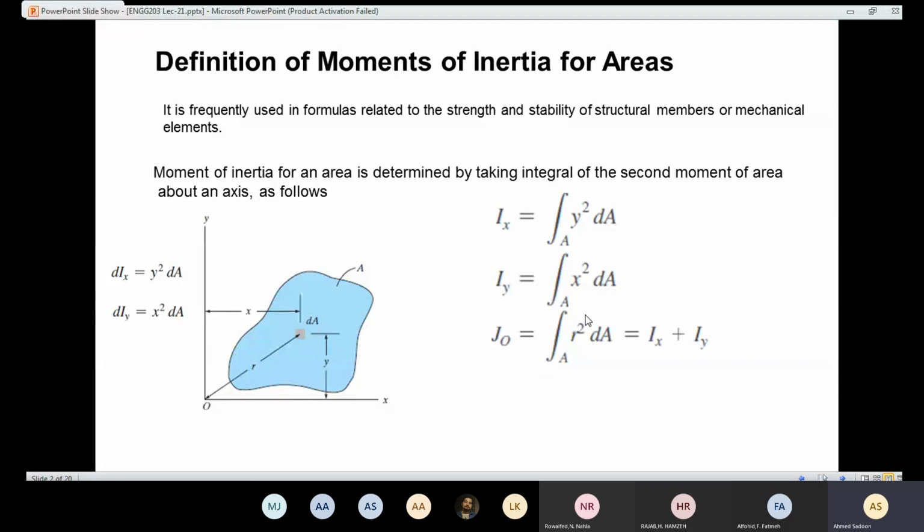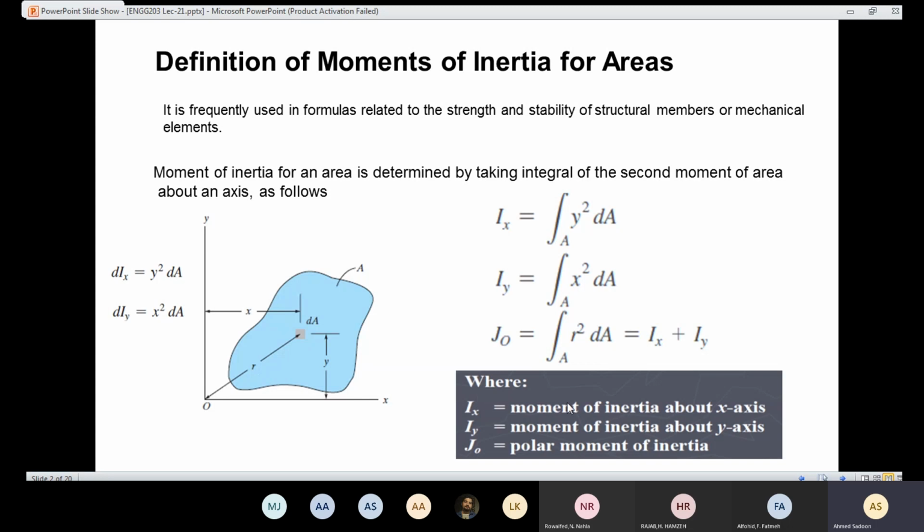This one is going to be the integration of r squared, this one squared, dA. And r squared is actually x squared plus y squared. So we can say that the polar moment of inertia is the moment of inertia about x plus the moment of inertia about y.